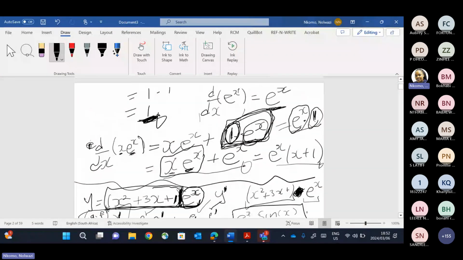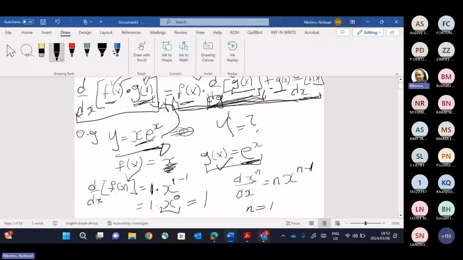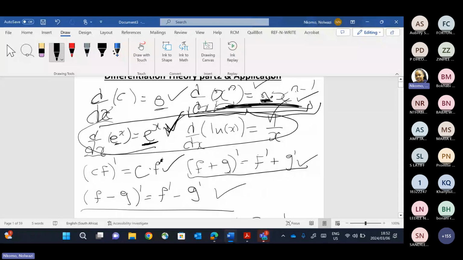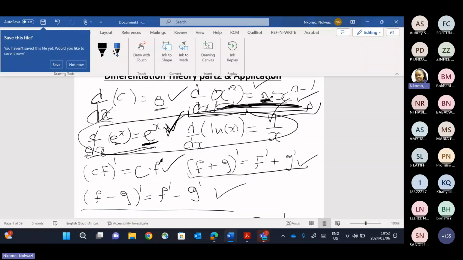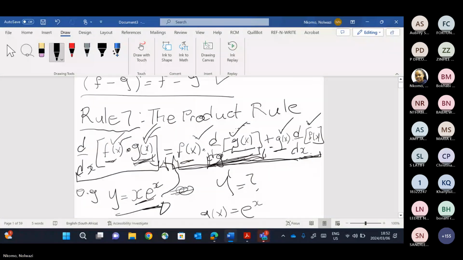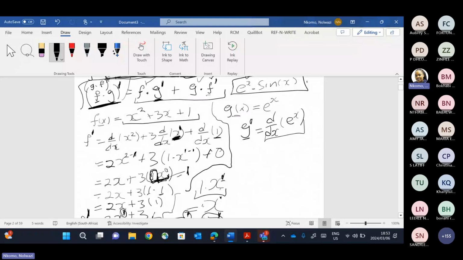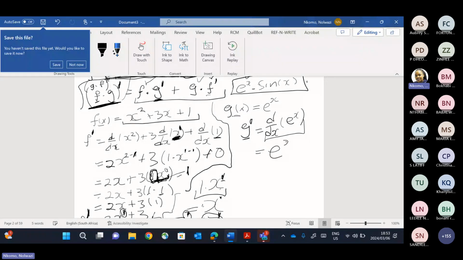So we come here, we substitute that derivative with e to the power x. We have g, the derivative of g, and f, the derivative of f. Then you substitute them back here, right?